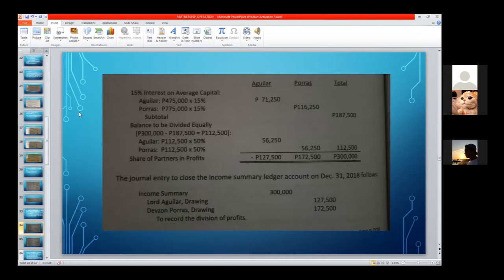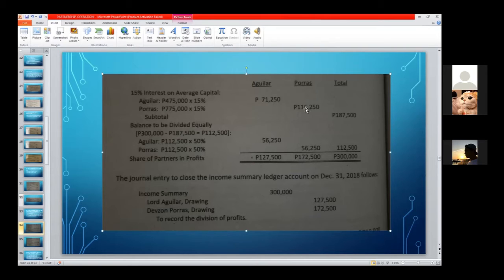Dahil minultiply sa average capital, doon natin i-babase. Ayun, no? Kung kanina, natatanda nyo yung tinuro ni ate nyo, Nicole, ito yung na-compute na average capital nila kanina, which is 475,000 and 775,000. So, i-multiply nyo lang, makukuha nyo itong kay Aguilar, and then ganoon din kay Porras.